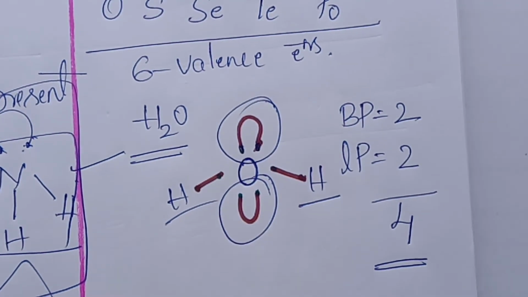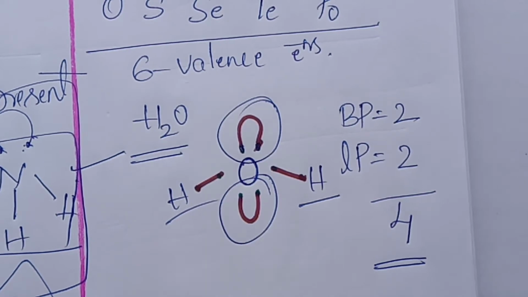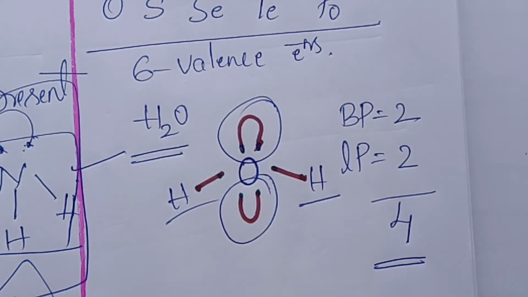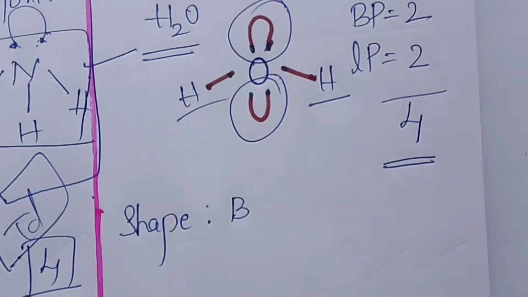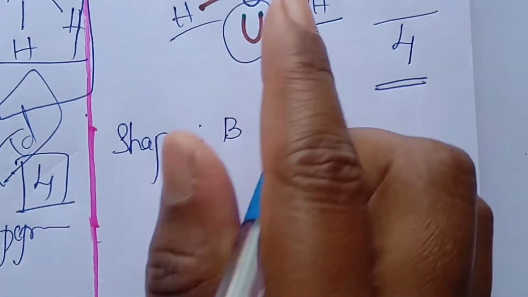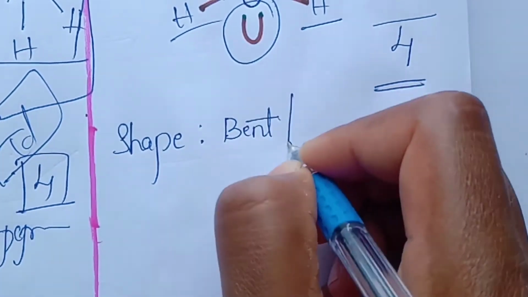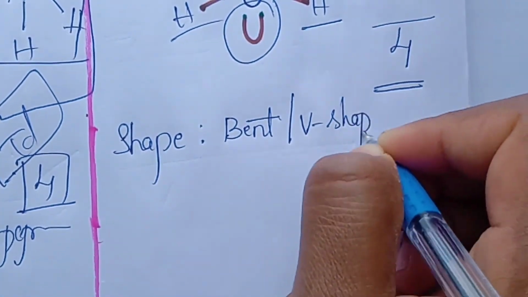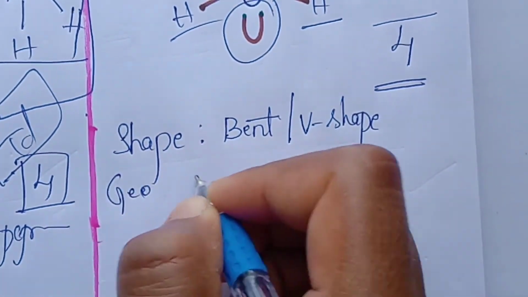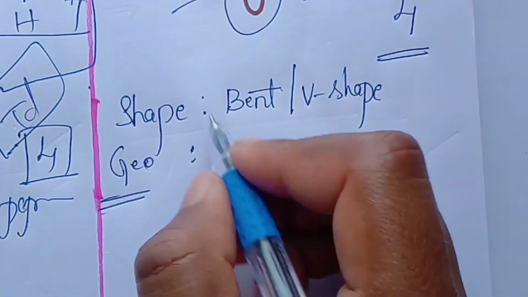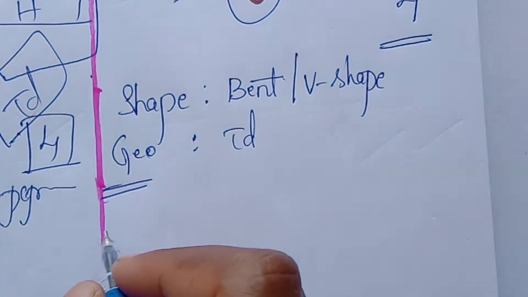The shape is bent or V shape. Then geometry: tetrahedral.